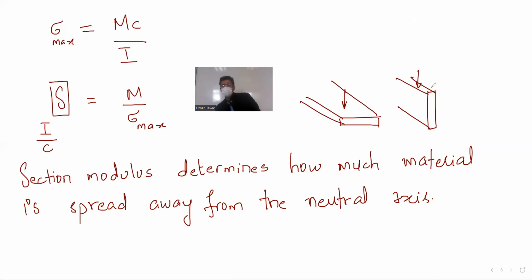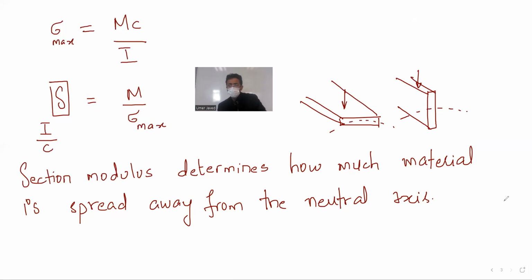You are following, right, everyone? The class is so silent right now, so I suppose everyone is understanding. Of course, the right one is better. So a higher section modulus is beneficial. Okay, I suppose that is pretty much the end of it.